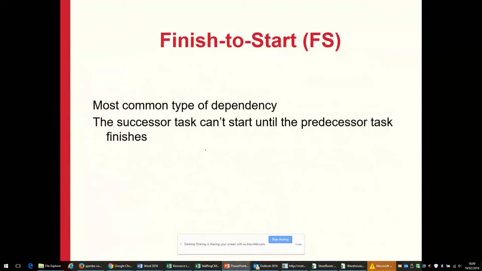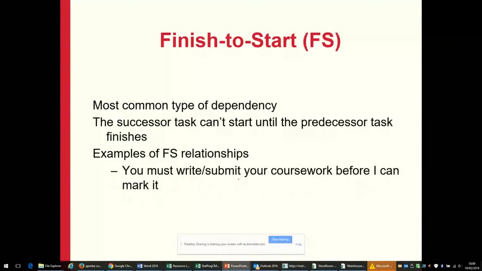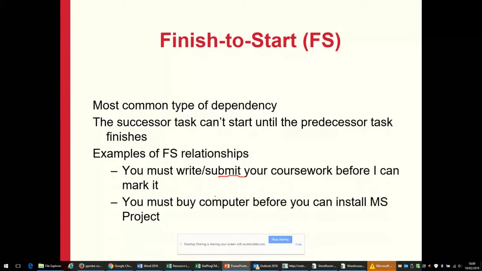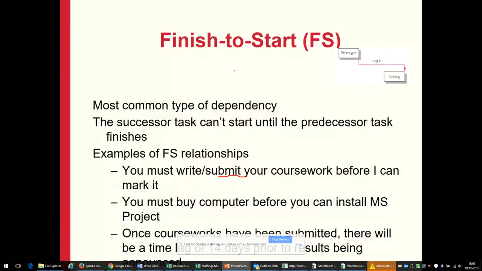Now, a quick reflection on different types of relationship. Finish to start is the most common type of dependency, and examples could be: you must submit your coursework before I can mark it, so your work involved in submission should be finished before my work would start. Or you must buy a computer before you can install a piece of software on it.